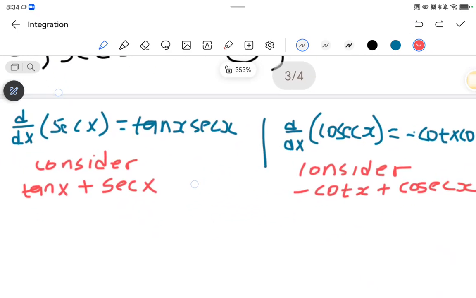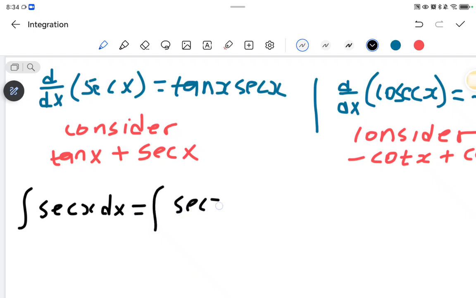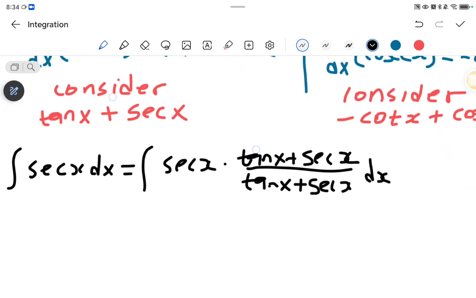And then we come to integrating sec x dx. When we integrate this, we're going to say sec x times tan x plus sec x over tan x plus sec x dx. You see, right?